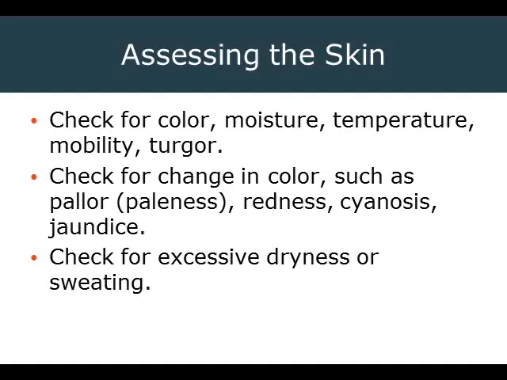There's also a couple of others that get thrown in there, things such as mottled, and another one that gets referred to as ashen gray. Ashen is sometimes referred to as dusky, but it's a general pallor and cyanosis mixed together.